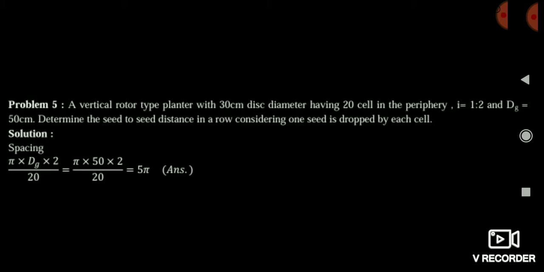So for one revolution of the planter periphery, the ground wheel will revolve 2 times, because the transmission ratio is 1:2 and 20 cells are present.